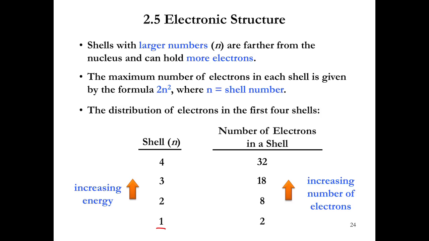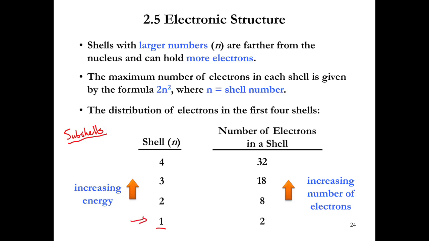It turns out that the other important thing is that as we go up in shell number, we also increase the number of parts of the shell. So the way that we organize electrons within shells is in these smaller parts called subshells. Each time we increase our number in terms of shell, we add one more subshell.